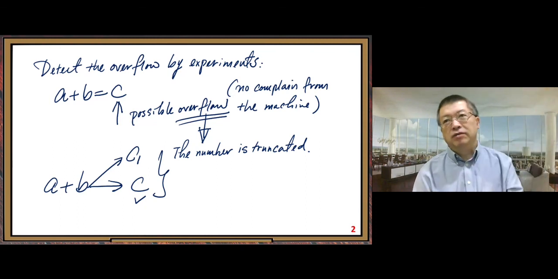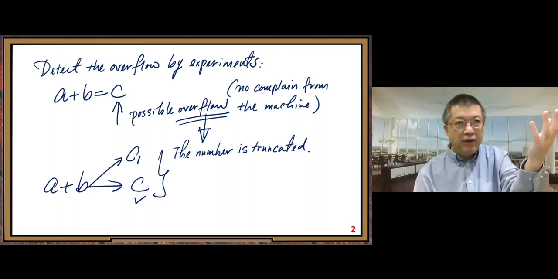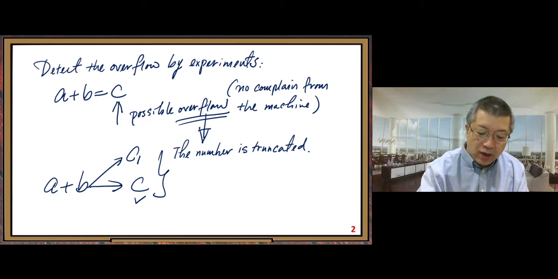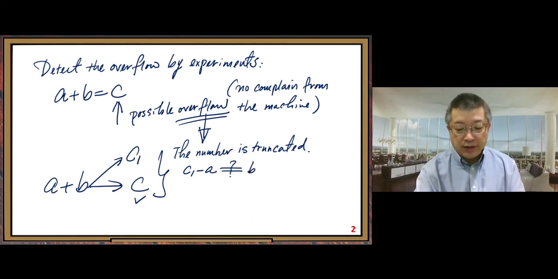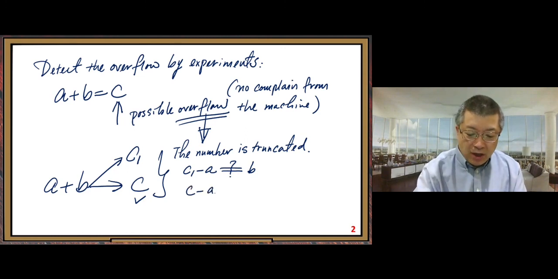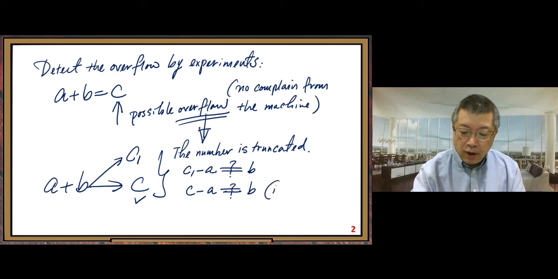Then after that, you do the checking. You verify if the result number is correct. So how do you do the verification? If you get a C1, whatever the number is, C1 minus A, you compare it with B. Equal or not? C minus A, compare it with B. If no overflow, must be equal, right?